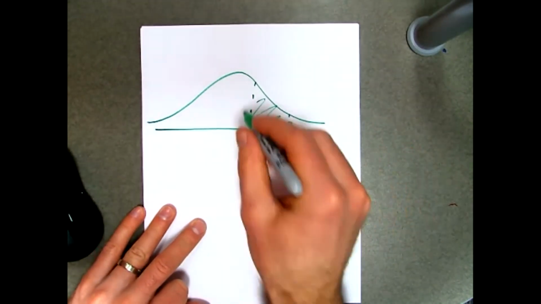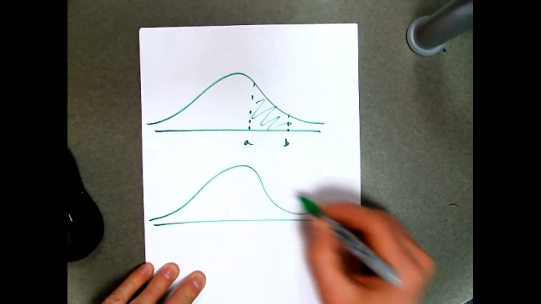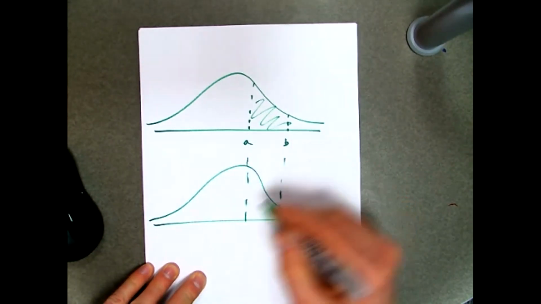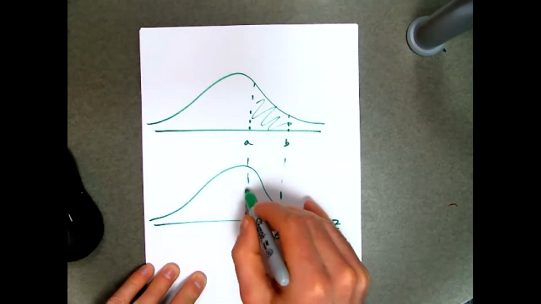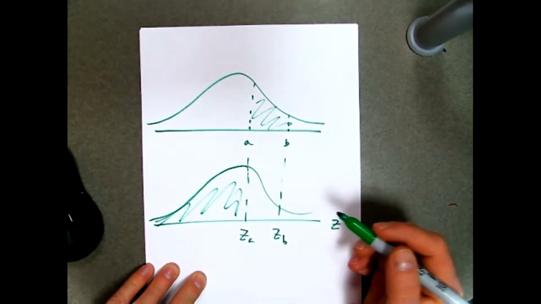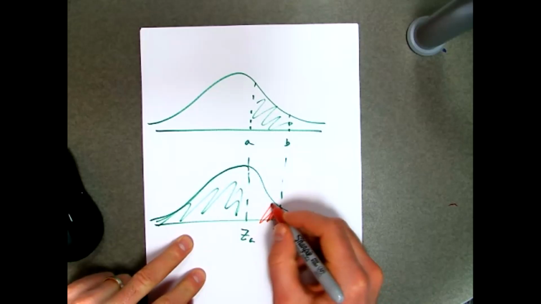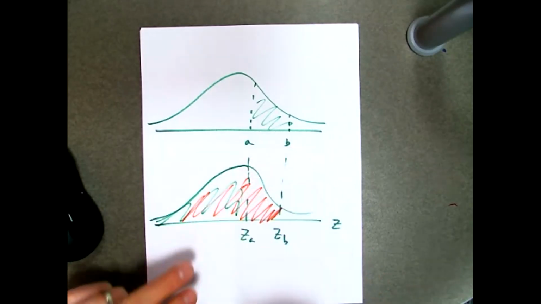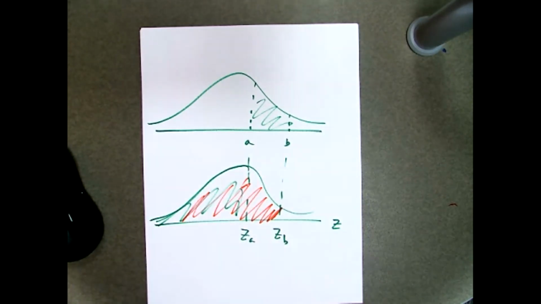What did we do? Well, we turn those into z-scores, a z-score for A and a z-score for B. I would then take the area to the left of the z-score of A, then look up the z-score and find the area to the left of B, subtract the smaller from the larger one, and I'd have what's in between.